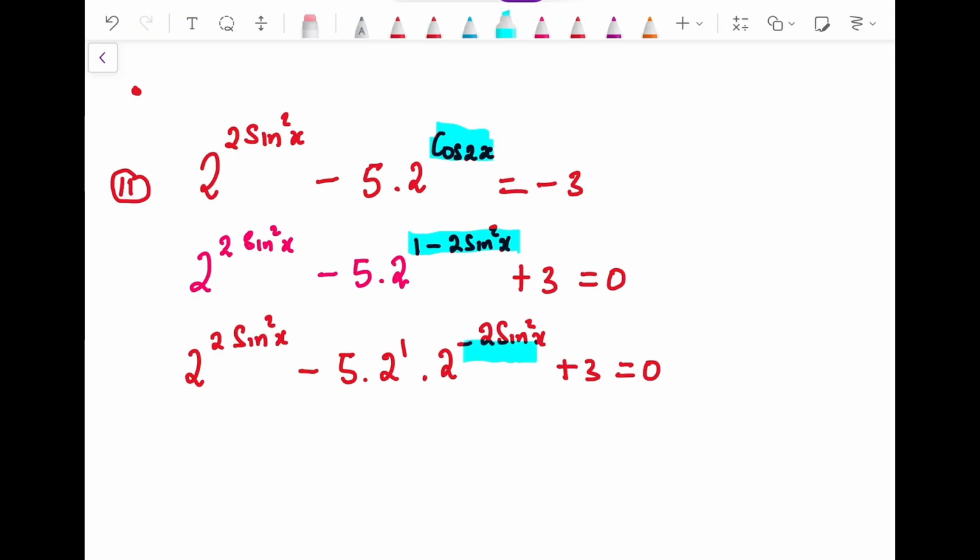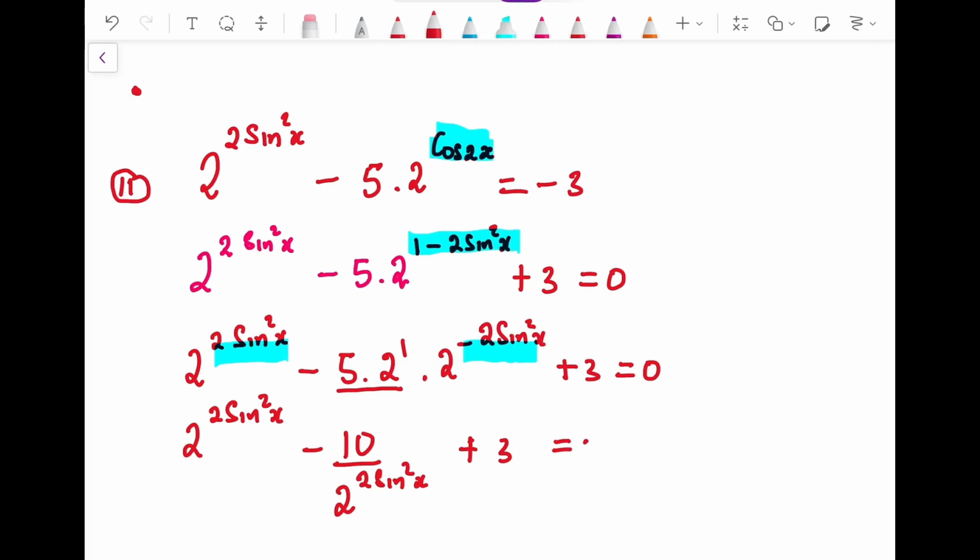This one is negative and this one is positive. So this can be written as 2 to the exponent 2 sine squared of x, and then 2 multiplied by 5 is 10, so it is minus 10 all over 2 to the exponent 2 sine squared of x, now my exponent will be positive, and then plus 3. This is equal to 0.